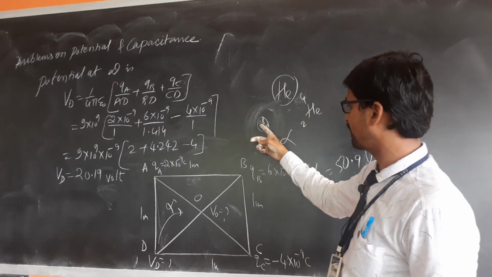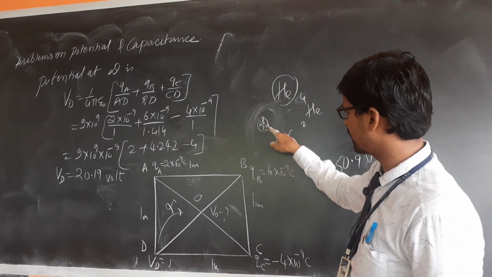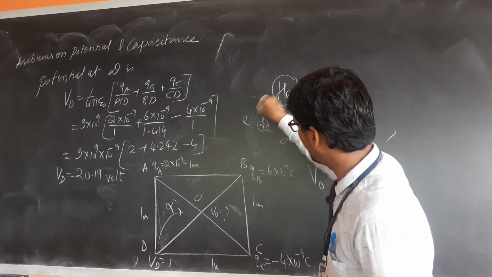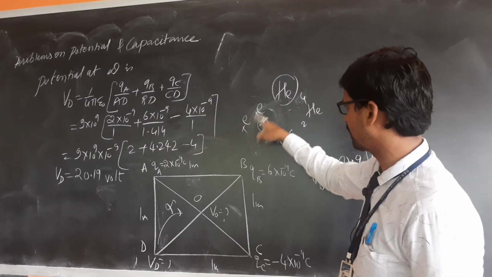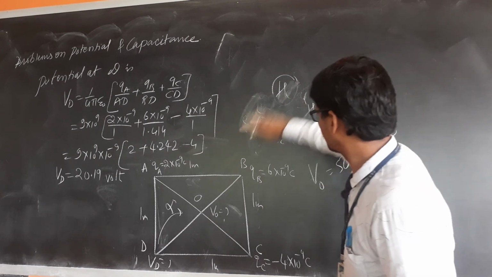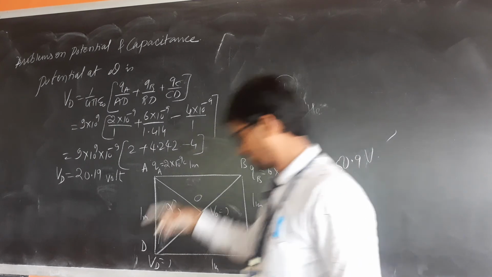What is the charge of the alpha particle? Neutrons have no charge, protons each have E, so E plus E, 2E. Here somewhere I will write.